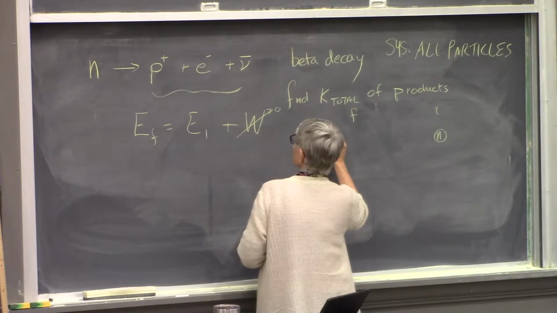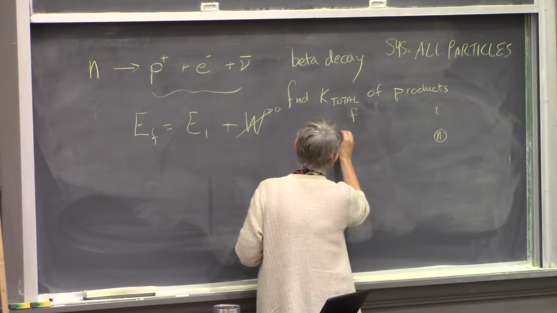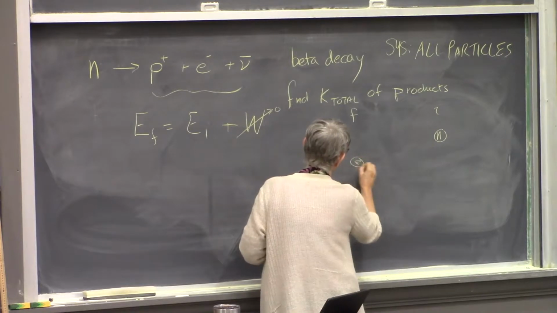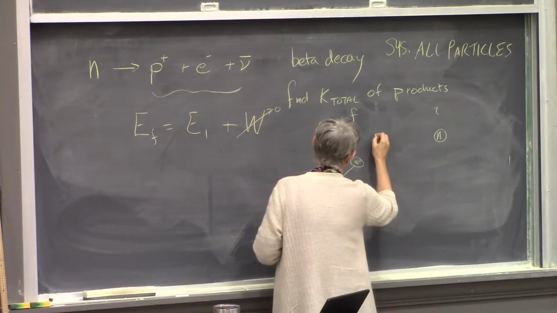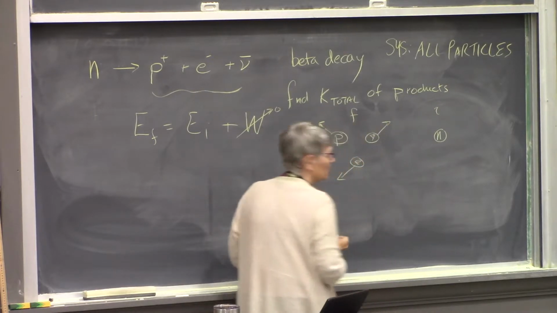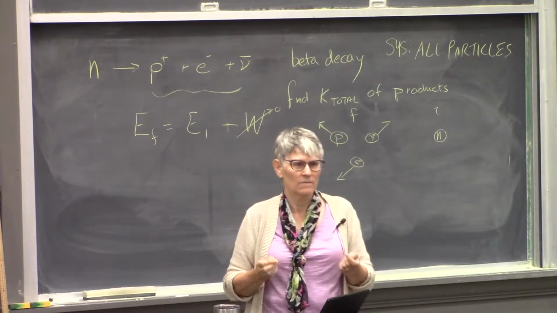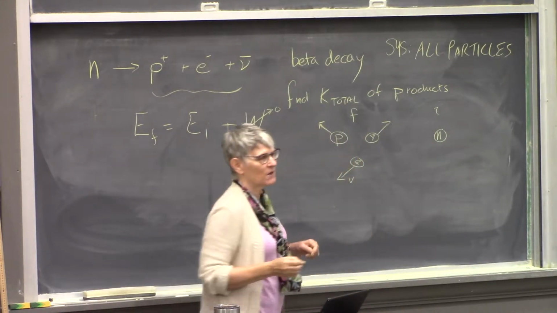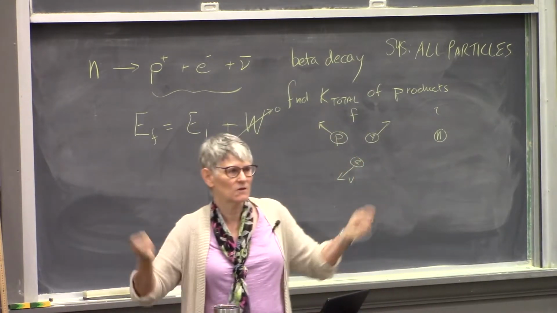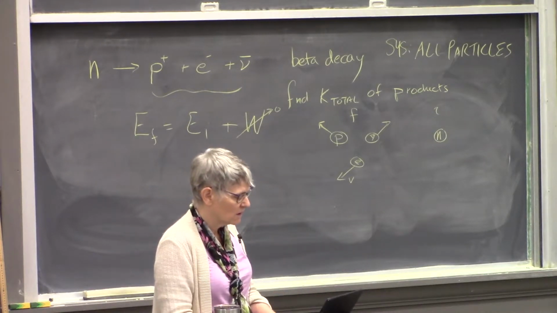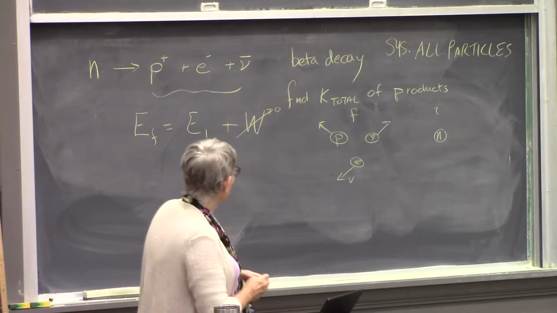So the final state would be a proton and an electron and a neutrino with some non-zero speeds because they have kinetic energy. So they're born with kinetic energy here.